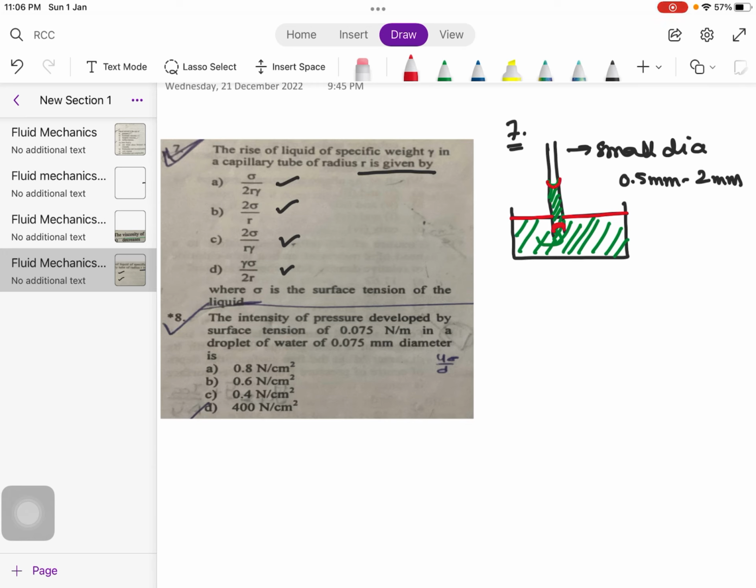Now this rise or fall of a liquid in the capillary tube depends on the interplay of adhesive and cohesive forces.